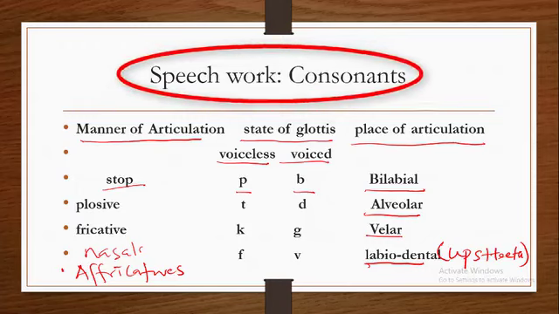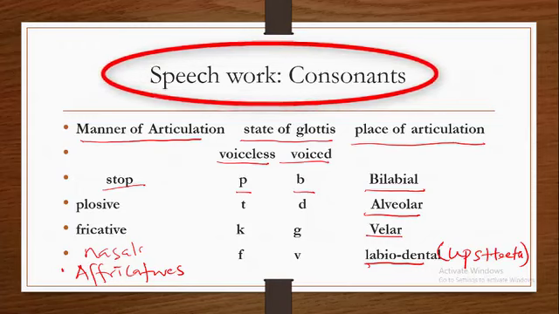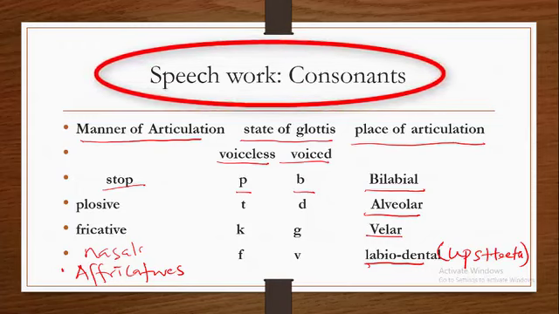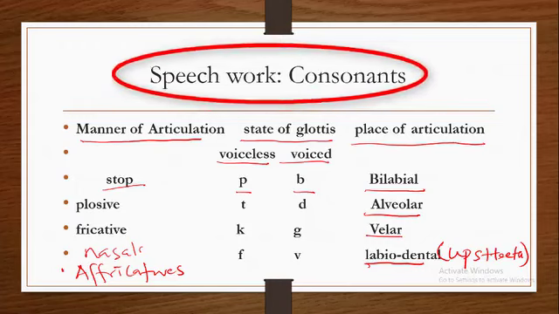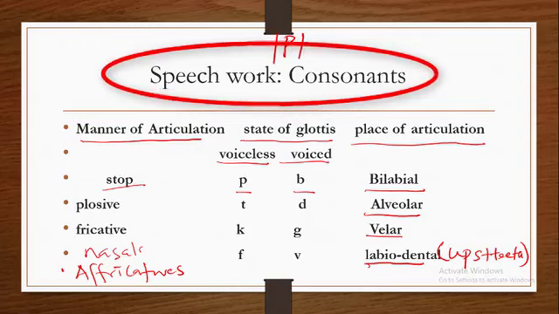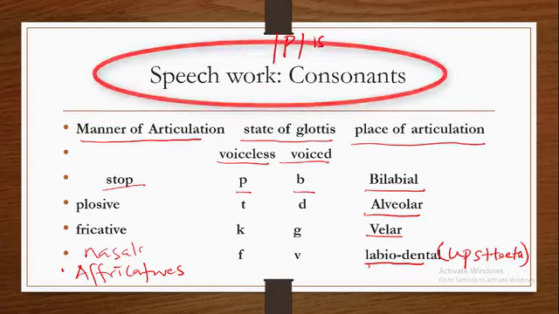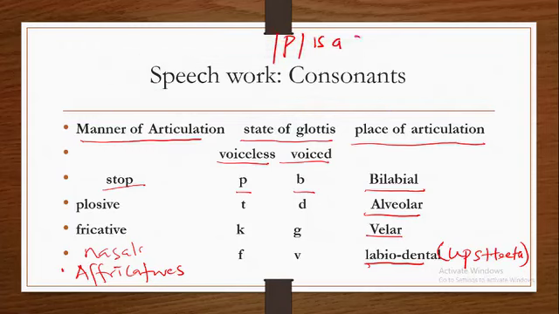So if I'm going to describe this, I'm going to describe it as a stop, the manner of articulation. It's voiceless, that's the state of the glottis. It's bilabial, that's the place of articulation. It's a consonant sound. So if I write that, I will write it this way. In describing it, I'll say it's a stop.